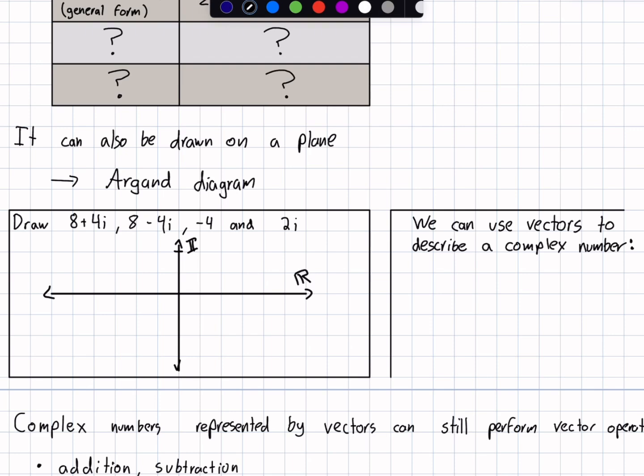So this will be 4i here, and then this will be simply a 4. And then here it'll be an 8, and each square will count for 2 units.